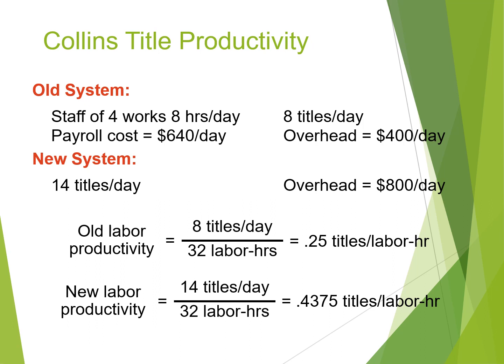In turn, the labor productivity under the new system is computed by dividing 14 titles per day by the 32 labor hours, which is equal to 0.4375 title per hour.